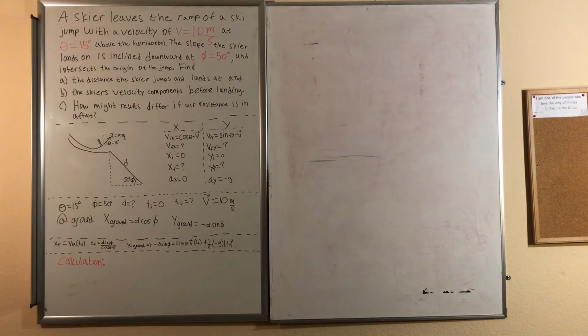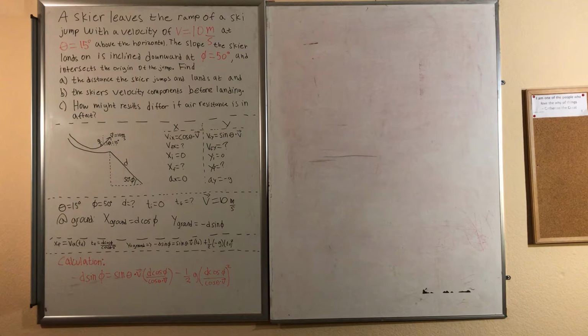So it's time to calculate. Starting with the y final ground equation, negative d times sine phi equals sine theta times velocity times the time final, so let's plug in for the time final as d times cosine phi divided by cosine theta times velocity, minus 1/2 times g times time final squared.